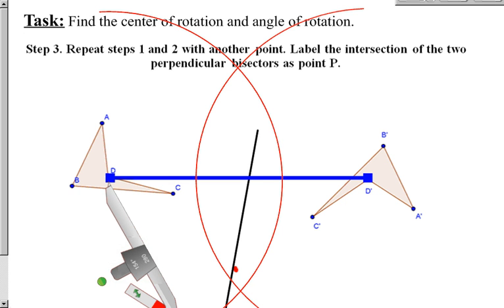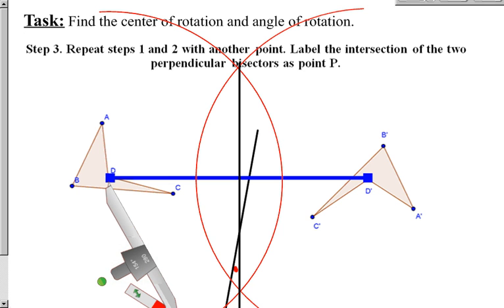Once again, now let's construct a perpendicular bisector. It seems to be a little bit off on the screen, so let me just fudge it a little bit. Okay, that should be about right.